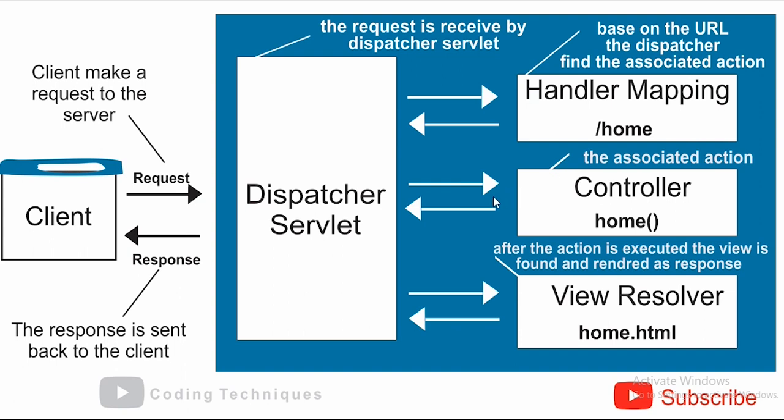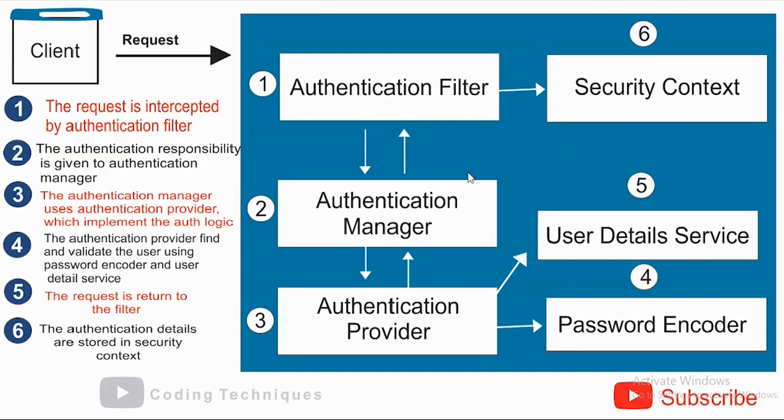Okay, so the next thing we will look at is the architecture of Spring Security authentication. So here is the architecture of Spring Security authentication. At first, we have a client request, and then here is step 1.